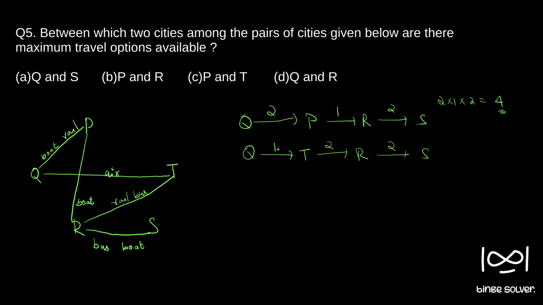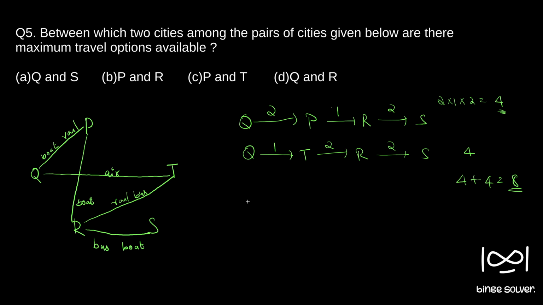So 2 into 2 into 1, so total 4 combinations. So these are the two ways we can go from Q to S. So total 4 plus 4, 8 combinations can be formed when traveling from Q to S.